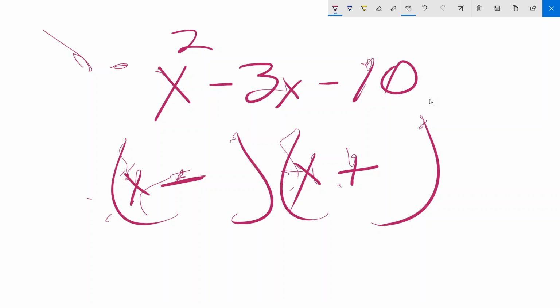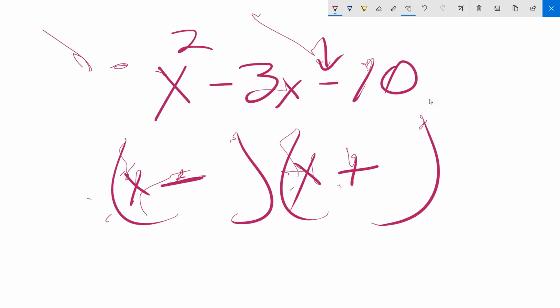And now the third rule is looking for factors of 10 that subtract to the number 3. What would those factors be? Factors of 10 that subtract, because of that negative sign right there. 2 and 5.